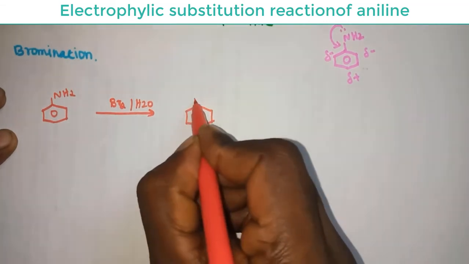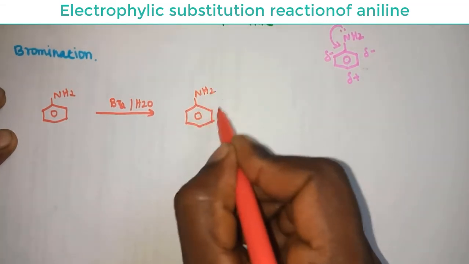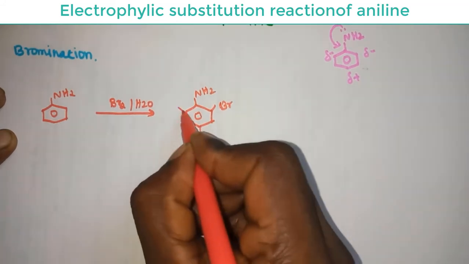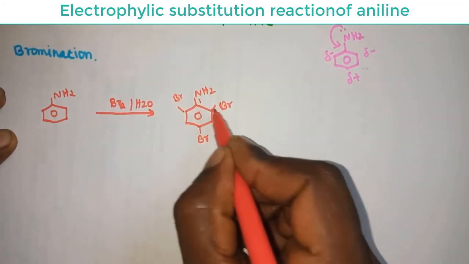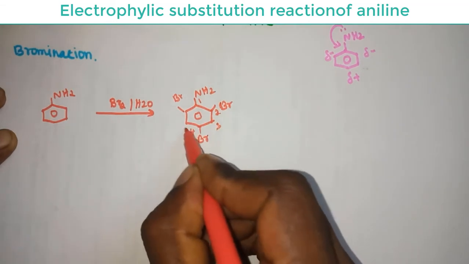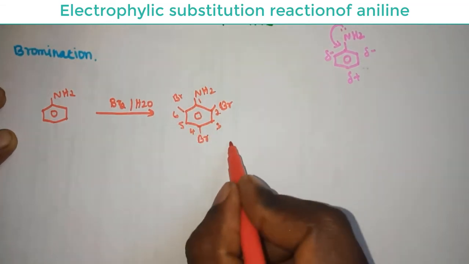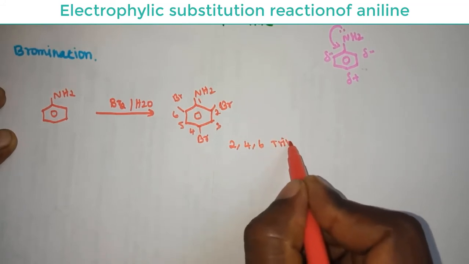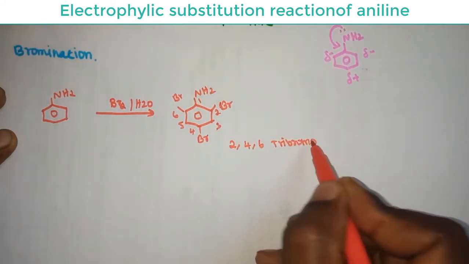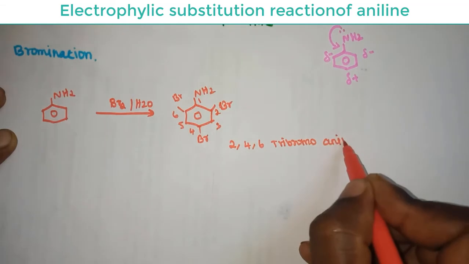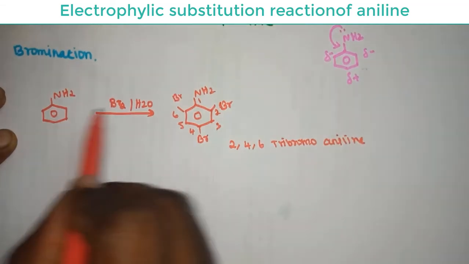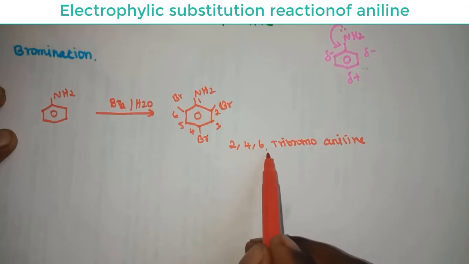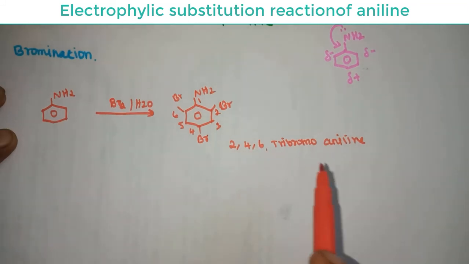This is a white precipitate. Numbering 1, 2, 3, 4, 5, 6, the name of this compound is 2,4,6 tribromoaniline.